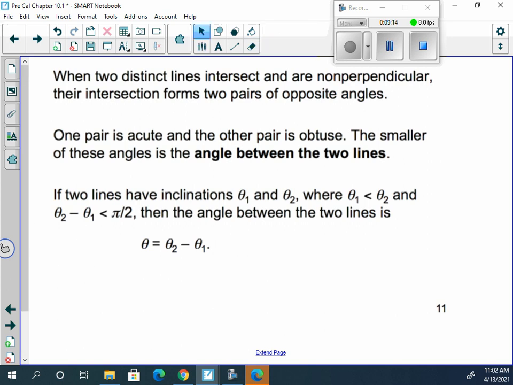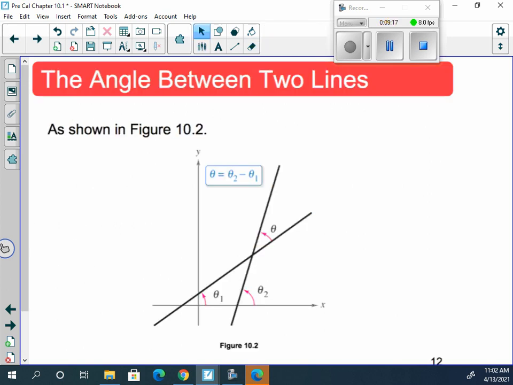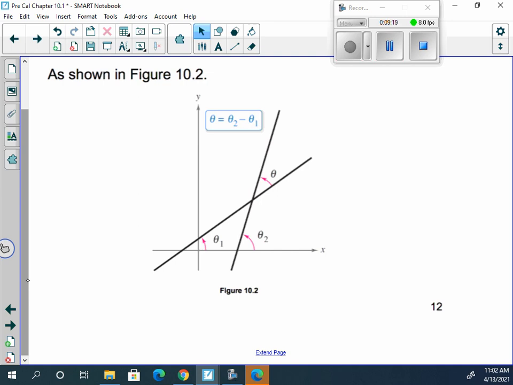Now, let's actually look at a picture of this, like here. Theta 2, theta 1. So this angle here is going to be the same as theta 2 minus theta 1. It'll always work for any case.